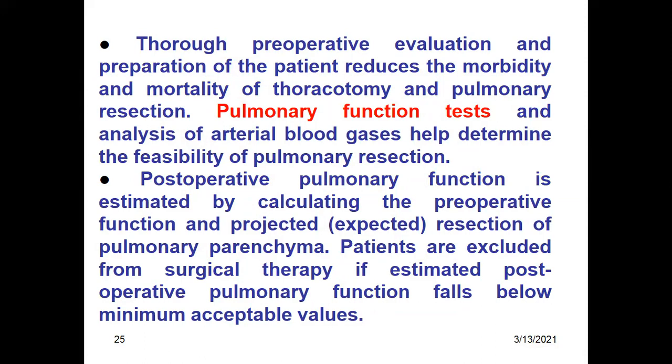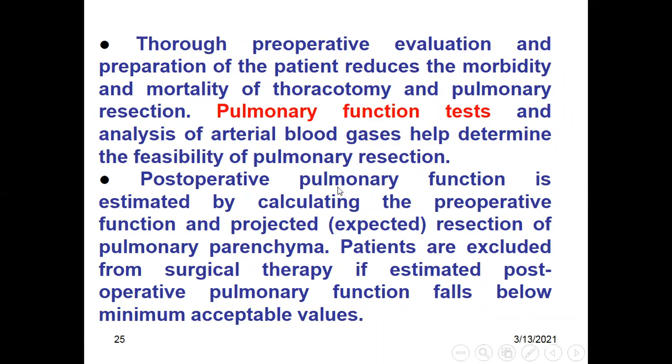Every patient scheduled for lung resection should be properly evaluated. So thorough preoperative evaluation and preparation of the patient reduces the morbidity and mortality of thoracotomy and pulmonary resection. Pulmonary function tests and analysis of arterial blood gases help determine the feasibility of pulmonary resection.